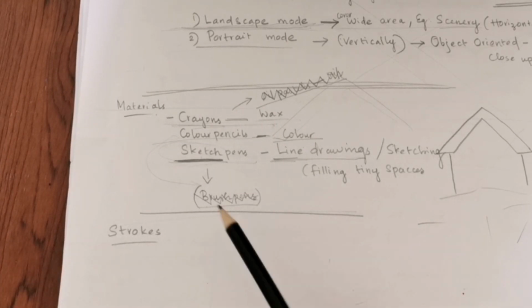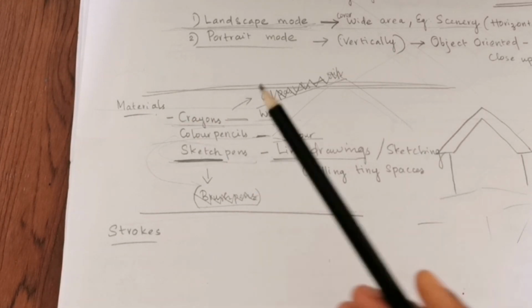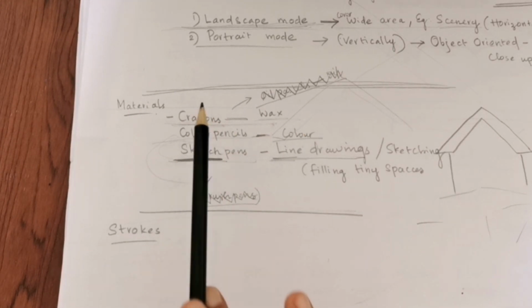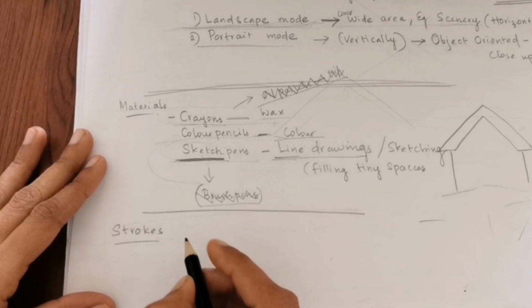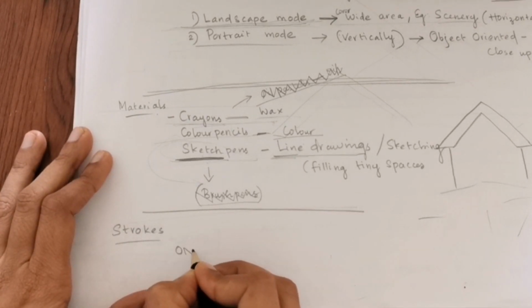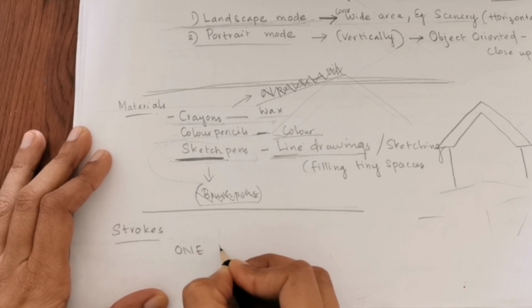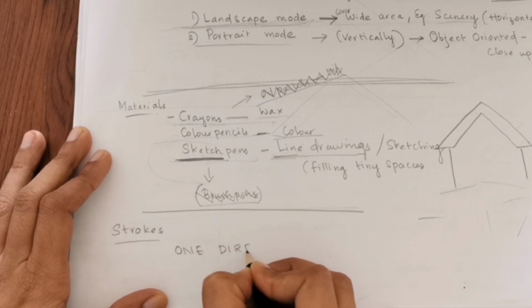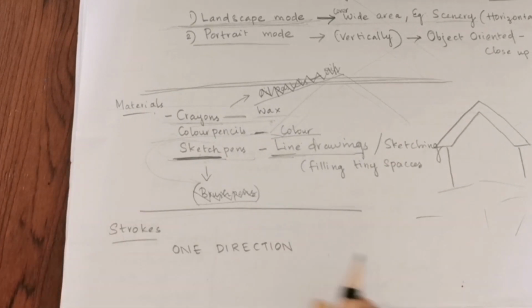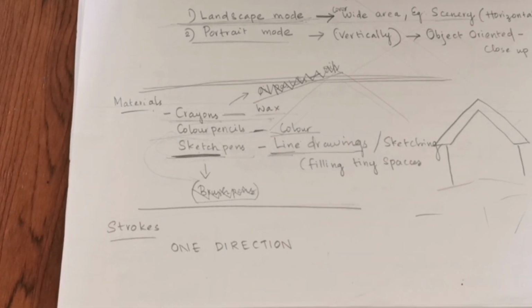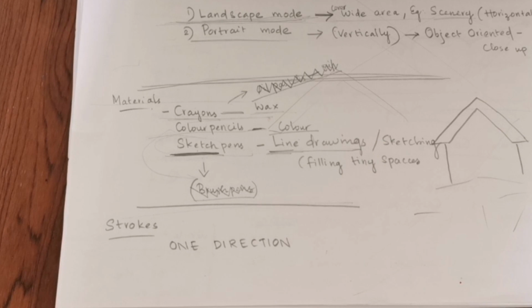When you are coloring something, you need to focus on the movement of your hand. You should always use one directional stroke only. The stroke is the mark which you are making, and it can be either a horizontal stroke, a vertical stroke, a diagonal stroke, or even circular strokes, with which you can fill a space.